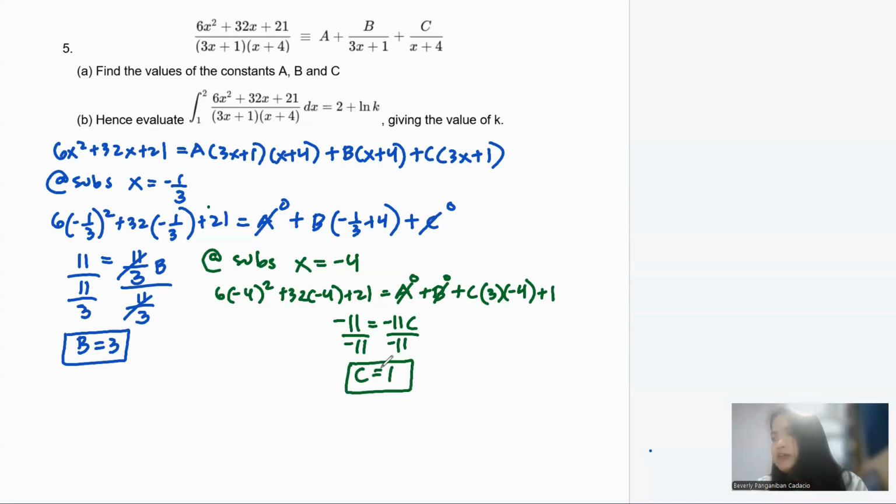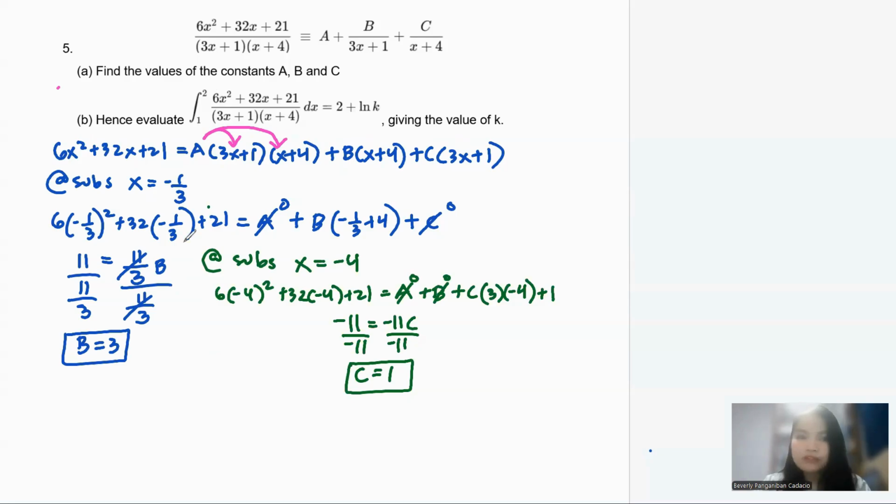Okay, now for the letter A, you can just do a simple comparing of coefficients, or equating coefficients. By simply looking at this one, I just need to focus on my x squared. I will not have x squared here, and I will not have x squared there. I can only focus here, where I'm going to have x squared when I multiply 3x times x.